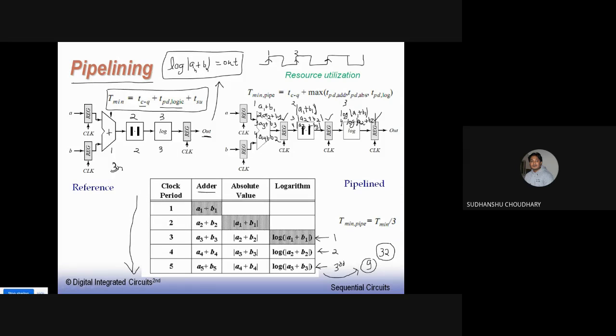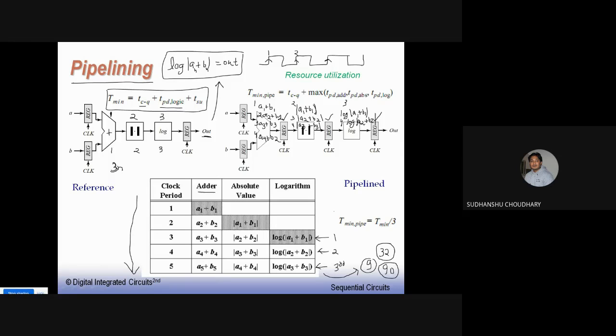However, the non-pipeline system would have taken how much? 90 clock cycles for processing 30 data. So that means the minimum clock frequency. Let us say clock to Q and setup time are very small in comparison to the propagation delay of logic.